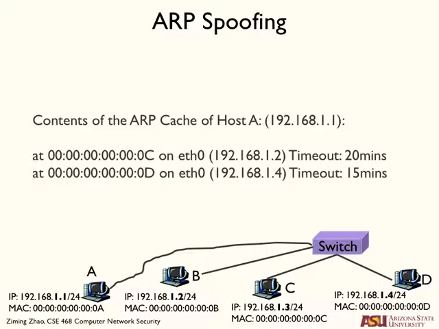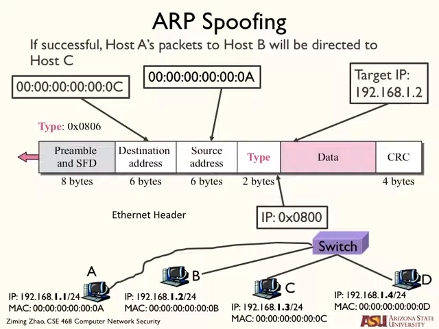After this attack, if it's successful, the content of the ARP cache of host A will look like this. C's MAC address is associated with the IP 1.2, and the others are just benign ones. So in the future, when A wants to send out an IP packet to B, it is actually sending it to C, because it will put C's MAC address as the destination address at the MAC layer, the data link layer, even though in the IP headers, the target IP will still be B's IP.